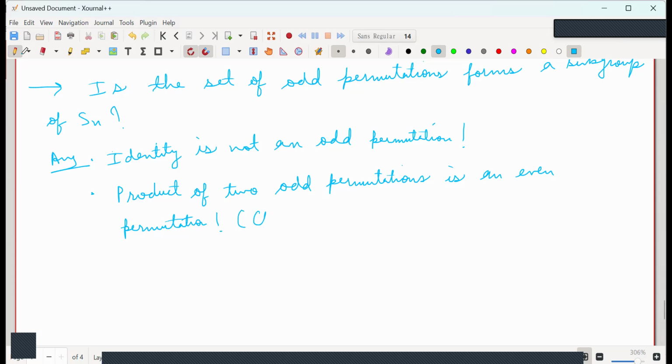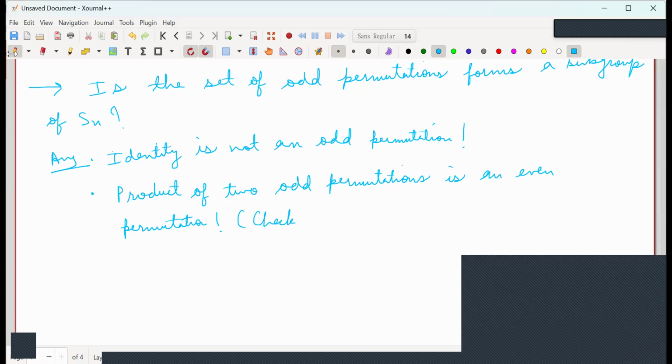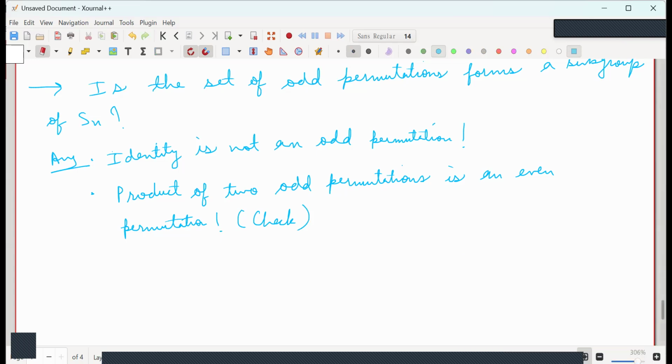Can someone quickly tell me why? Just follow the definition. Because you take the product of two odd permutations, it goes into the other class and it becomes even.